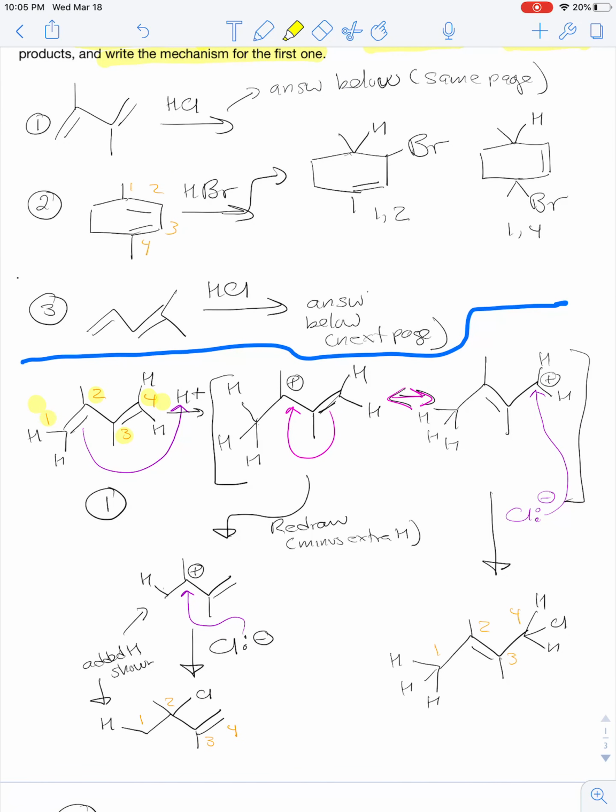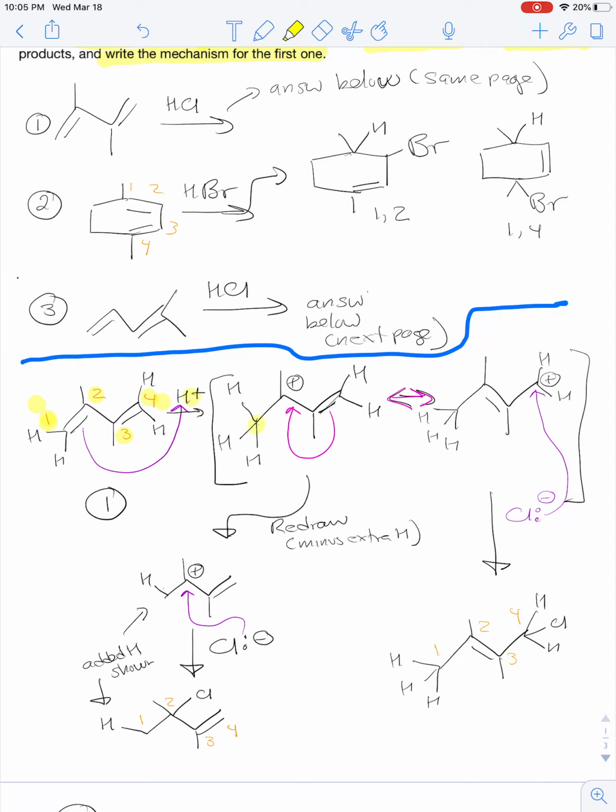So when the proton adds, the proton is always going to add to one of the two ends. In this case, it doesn't matter which end, because as I said earlier, I'm pretty sure the molecule is symmetrical. So I'm just going to stick it on the one that I called 1 for simplicity's sake.